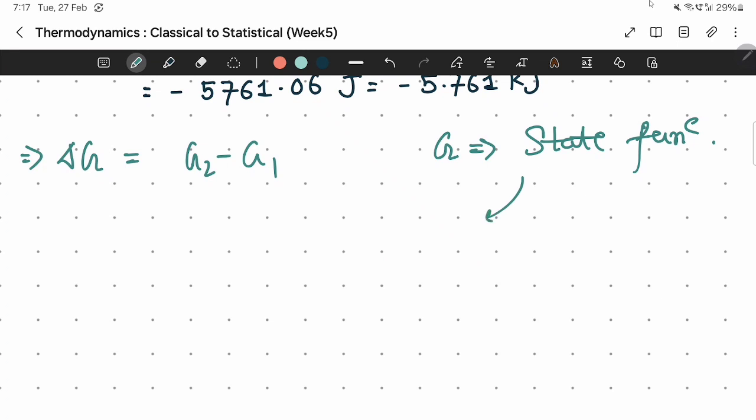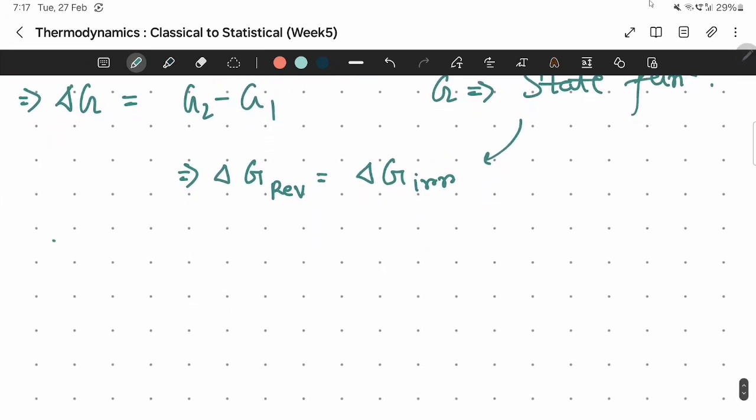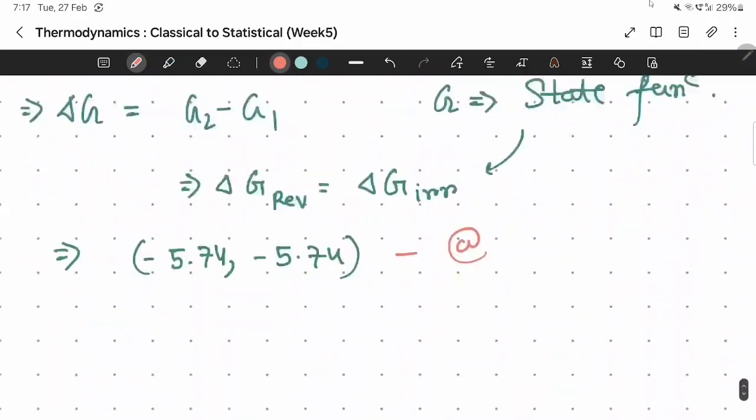So it means that del G reversible should be equal to del G irreversible. So for both cases, the change in Gibbs free energy will be the same. So the answer will be minus 5.74 for both cases. So it is option A. So this is the third question.